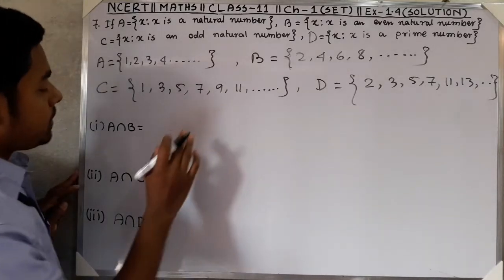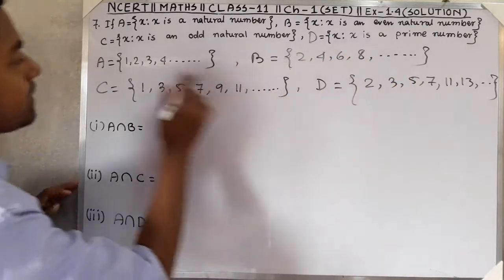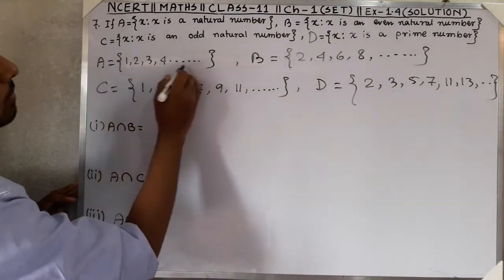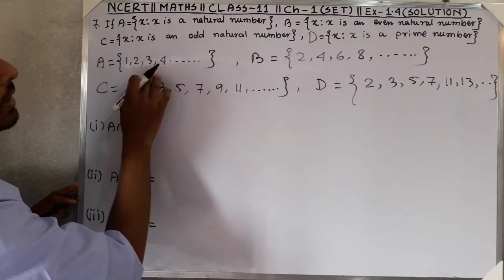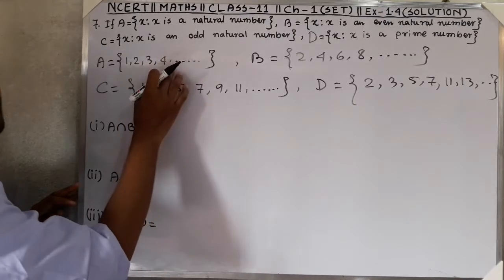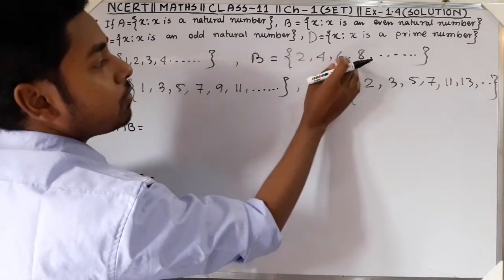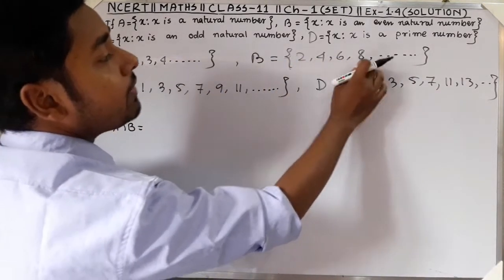So what is the first question? A intersection B. What will be A intersection B? Now you can see this is the set of natural numbers. That means here all even natural numbers and all odd natural numbers are in set A. But in set B we have all the even natural numbers only.